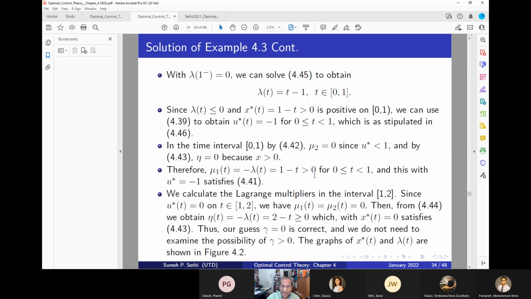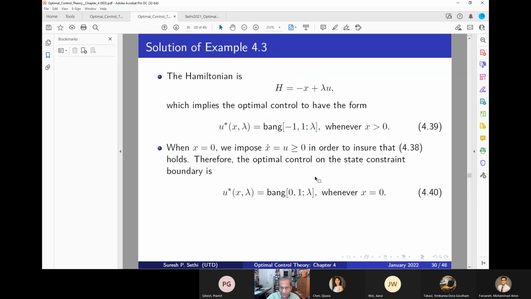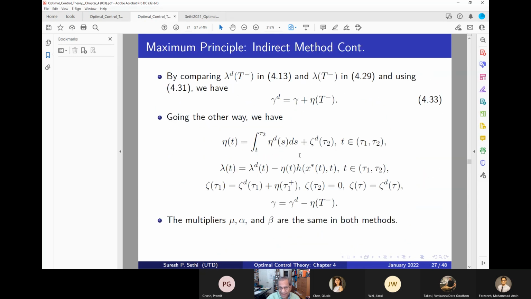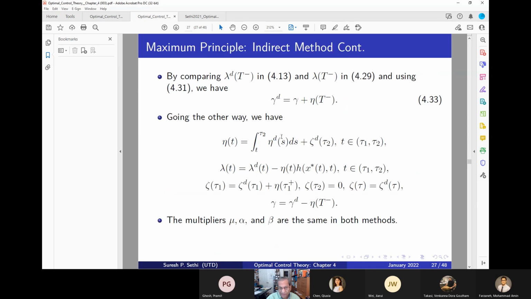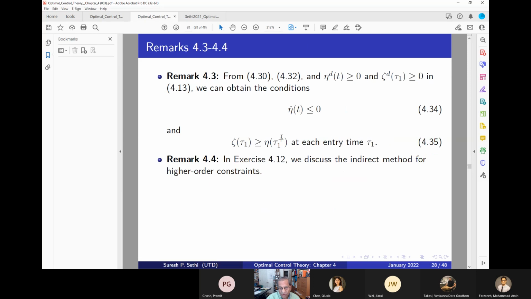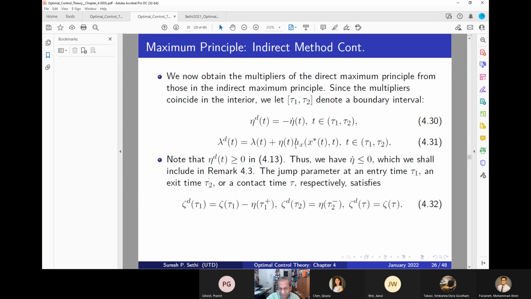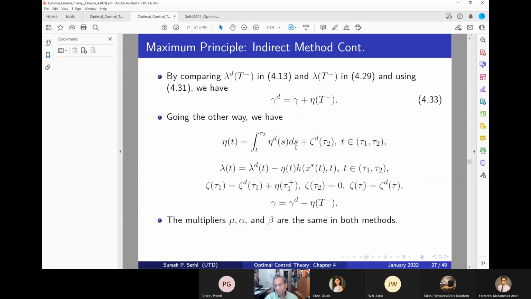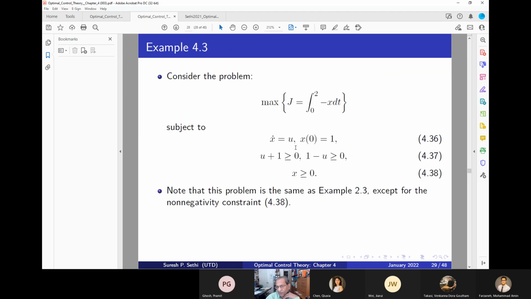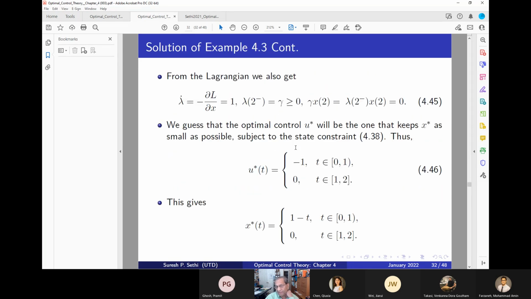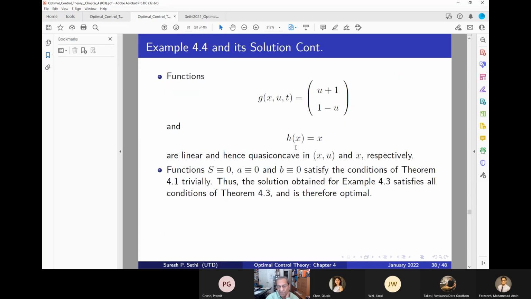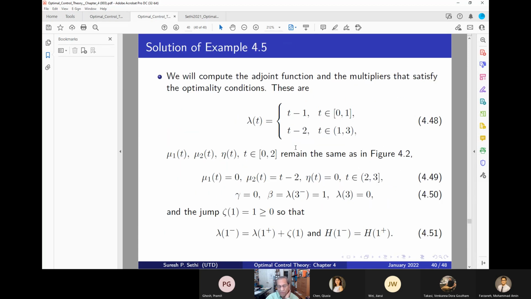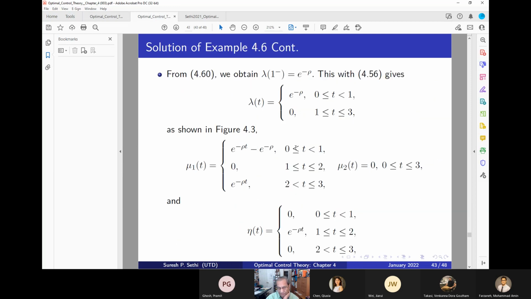We already have the direct multipliers. So you can go back to this and use these conditions to see that the two multiplier sets are related. That would give you some sense of what is going on with these two sets of conditions.